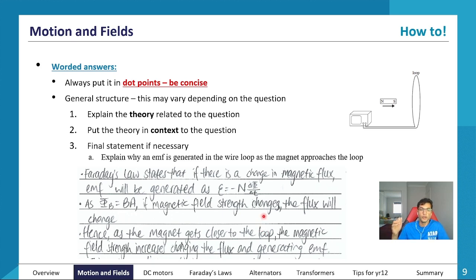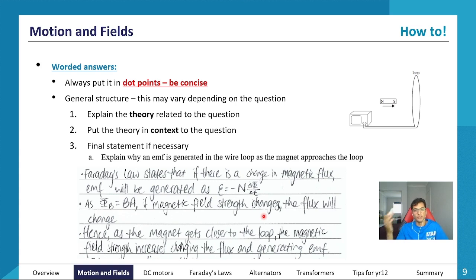And don't be afraid to not use sentences. Just be aware that you can use dot points. The reason why I would recommend not using sentences is because when you start using sentences, you often start rambling, and when you start doing that, you start to say sentences or ideas that contradict what you've said before.